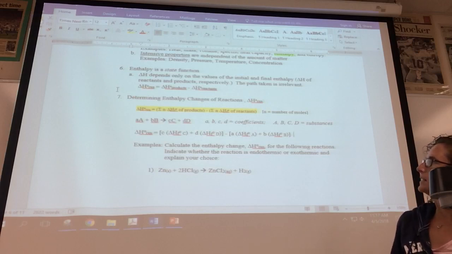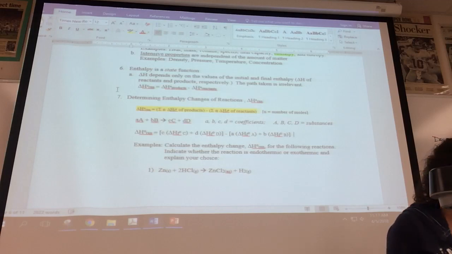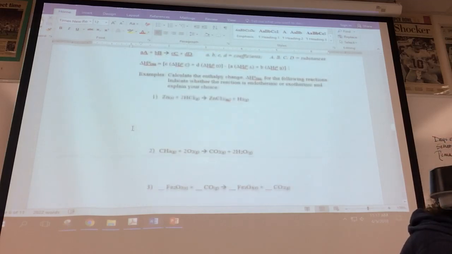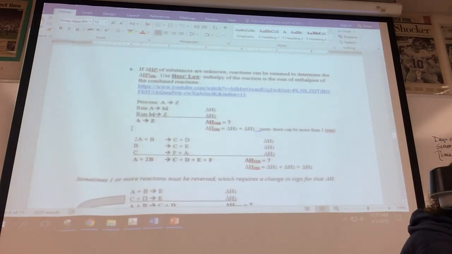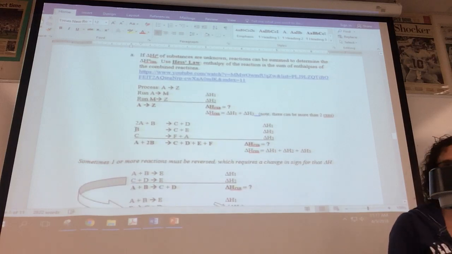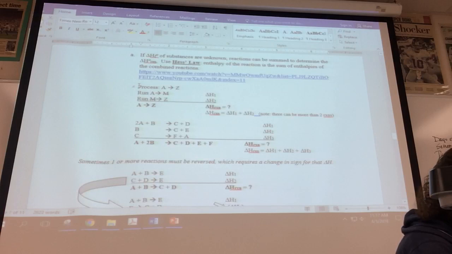Now, because it is a state function and doesn't depend on the path, we can determine delta H using Hess's law. For example, let's say I want to determine the delta H for the reaction A to Z. So it's written there, and in bold-faced it's here.